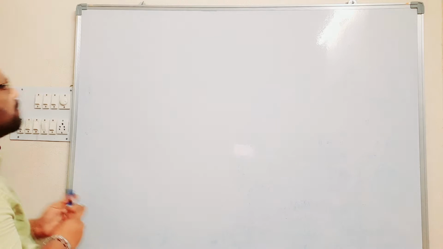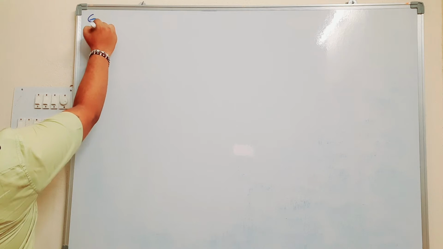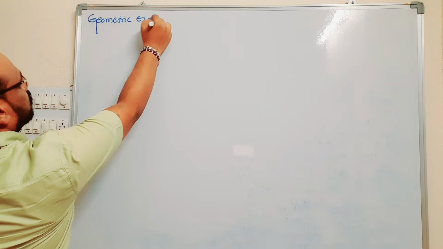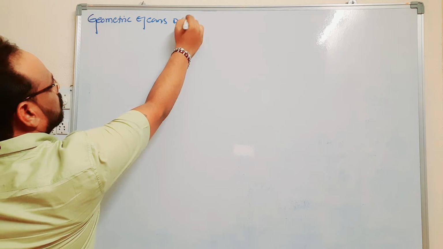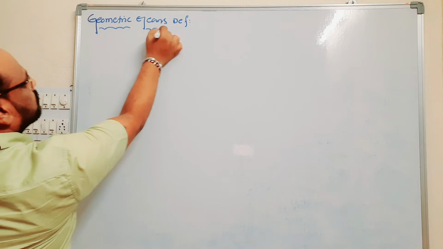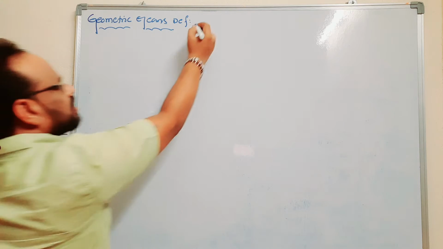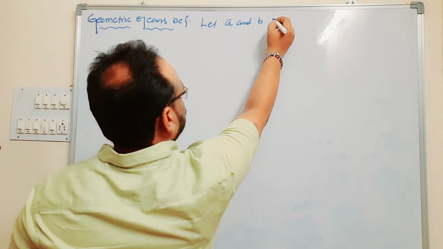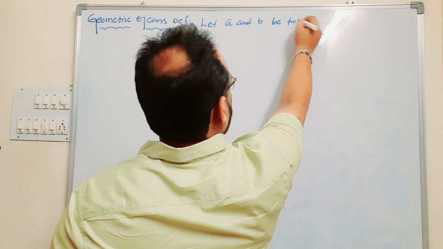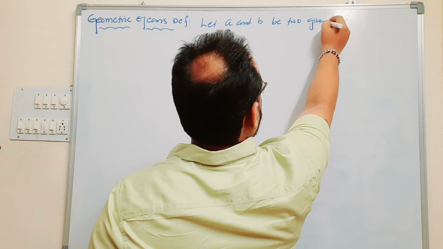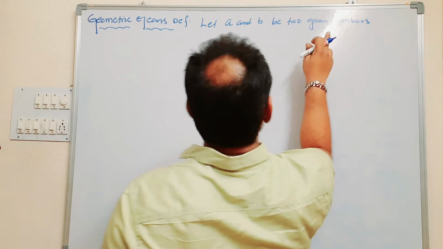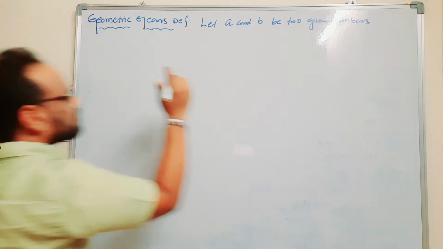First one, geometric means. The definition: let a and b be two given numbers.